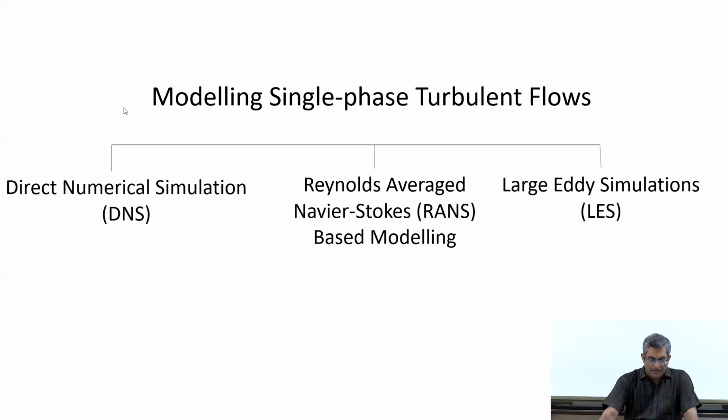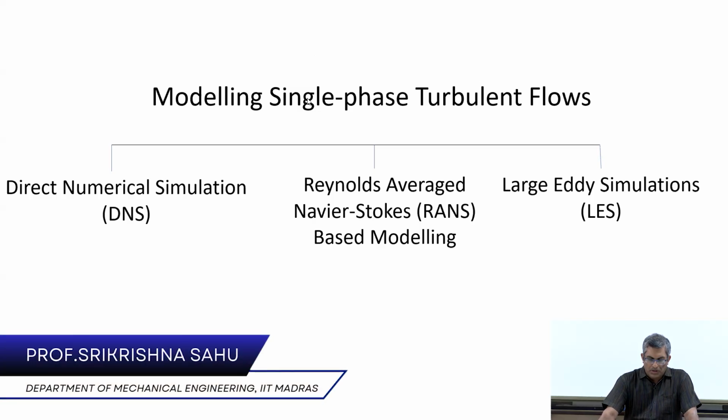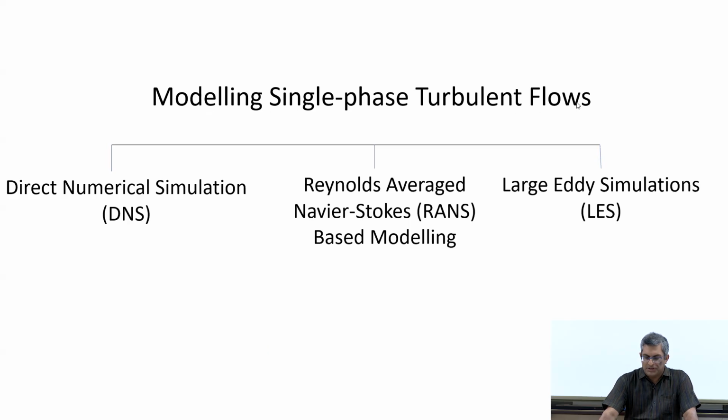In the previous class, I spoke about different approaches for modeling single phase turbulent flows. Broadly, we have three different kinds of modeling approaches. One is direct numerical simulation, then Reynolds averaged Navier-Stokes based modeling, and then large eddy simulation.